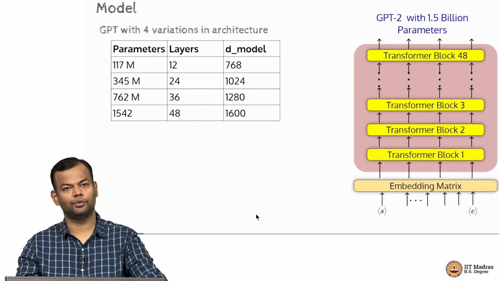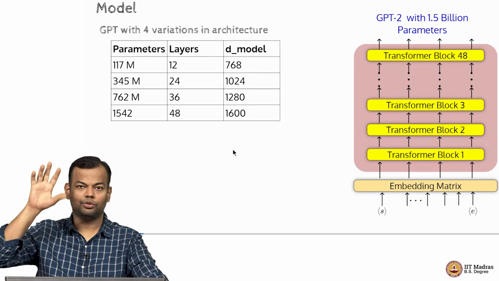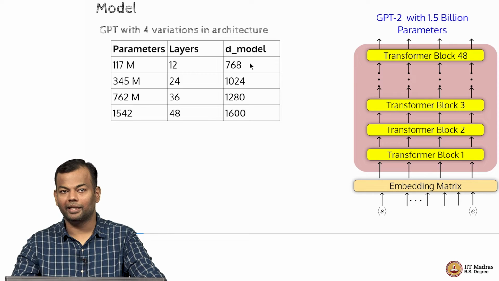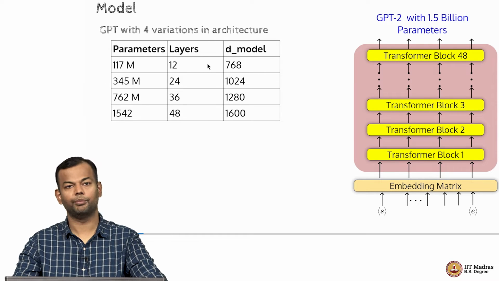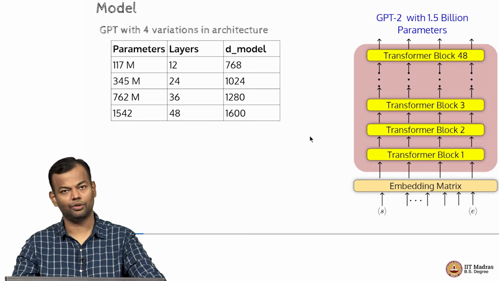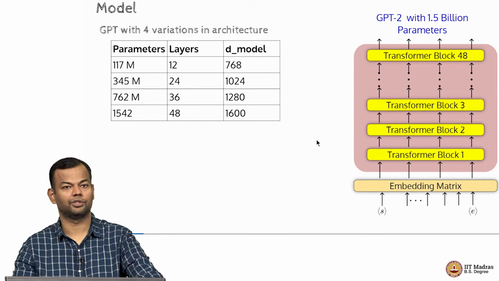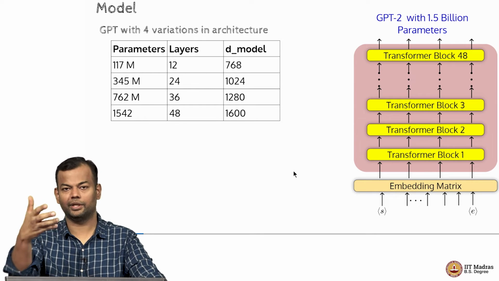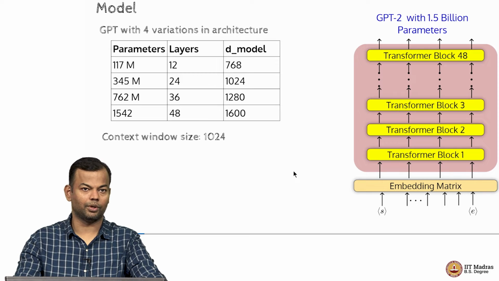Again, I'd like to make this point: if you have really understood the basic transformer architecture well, then all of this is a piece of cake, because you understand what I mean by D model, you understand what I mean by layers, you know how the parameters get computed based on the layers and D model. So it's important to get that drilled in so that you don't get stuck with these details when you're looking at newer large language models.